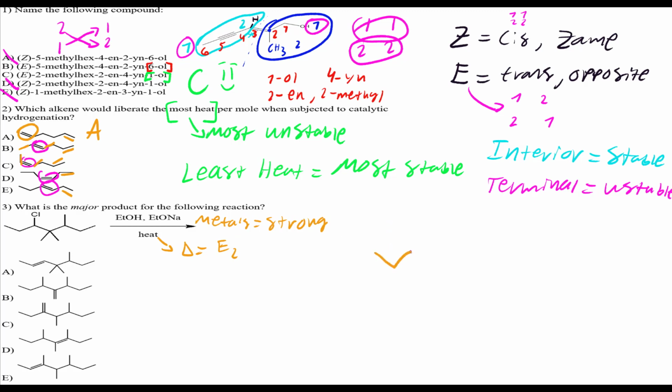So what happens during an E2 reaction, if you remember? Well, what happens here is that this bond breaks off, and we form a carbocation, right? And notice that we have to form a double bond because this is an elimination. We're not expecting any substitutions. We're not expecting anything coming in.